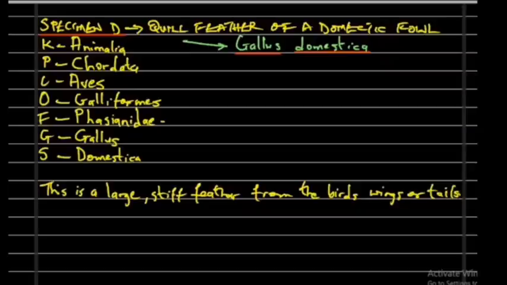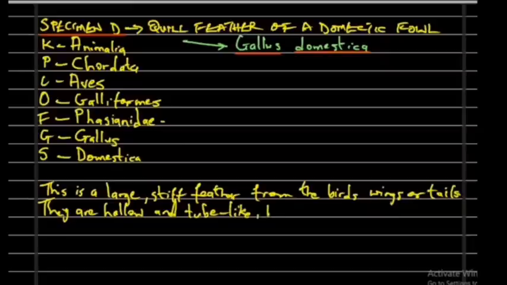They are usually referred to as flight feathers. They are hollow and tube-like. Because they have holes, they are very light, and that is why they are referred to as flight feathers.